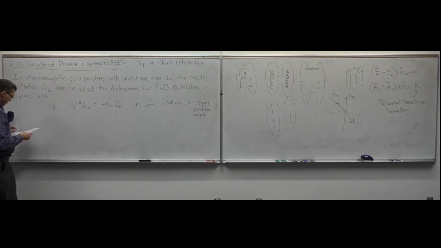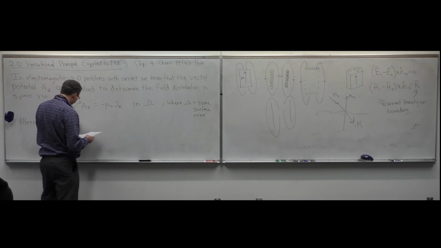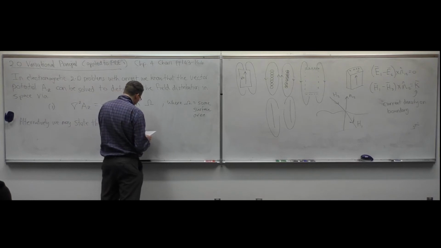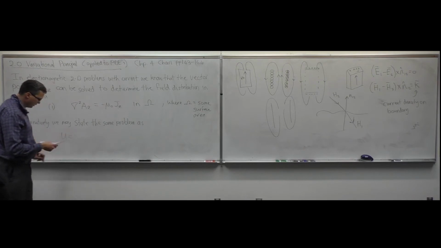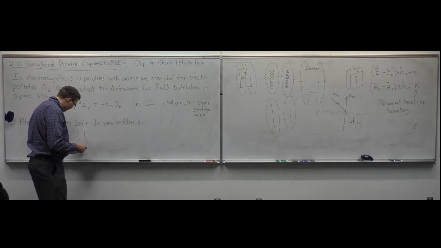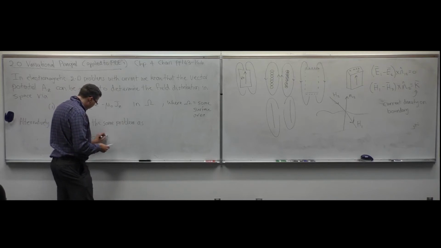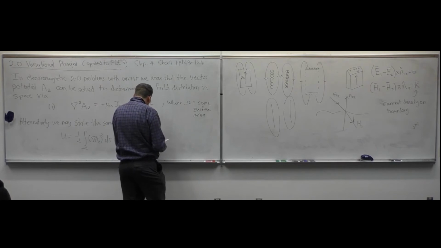Rather than trying to solve this problem, alternatively, we may state the same problem as having some functional, as it's called, equal to half the integral of del AZ squared dS minus the integral of mu naught Jz AZ dS.